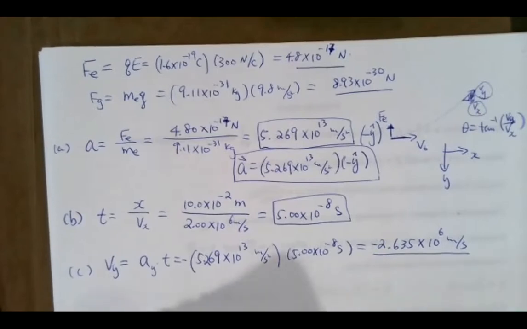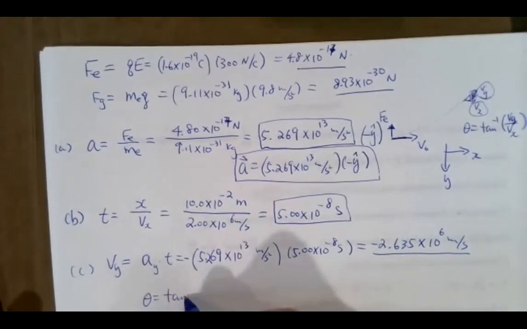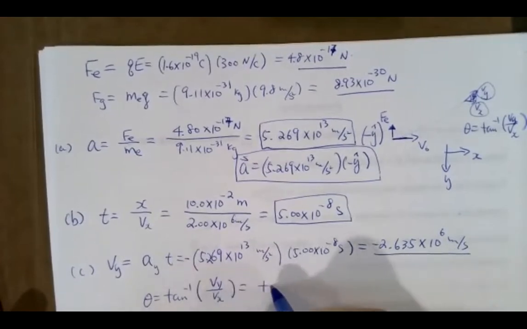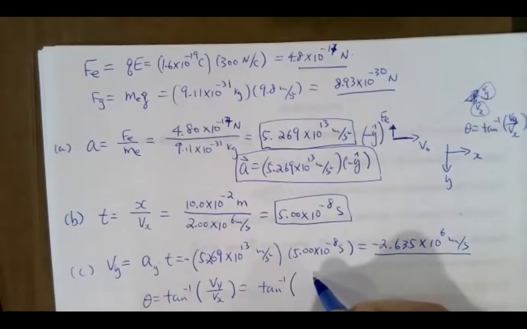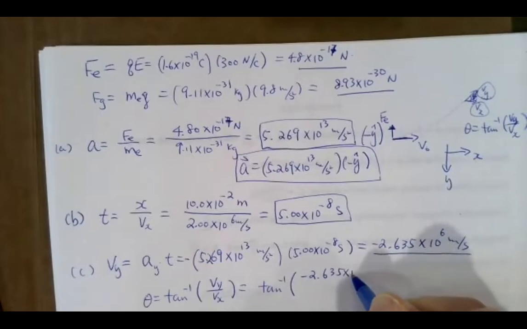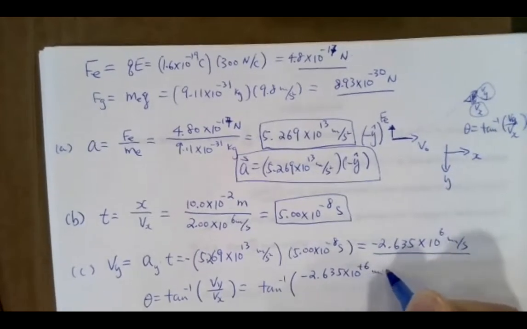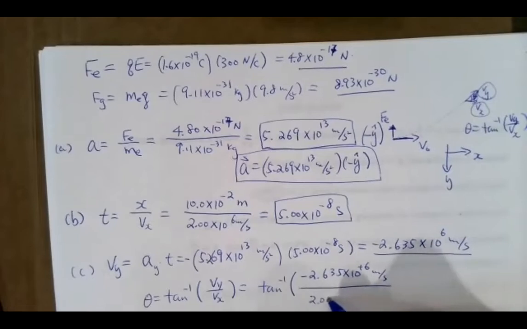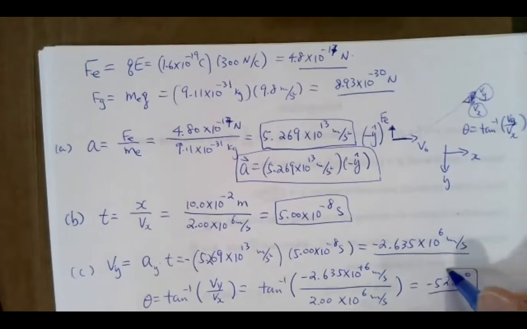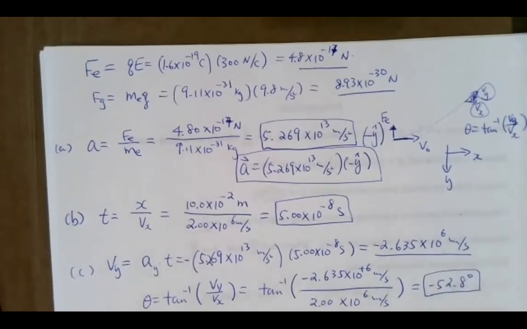And then for the angle, it would be tangent inverse of Vy over Vx, negative 2.635 times 10 to the 6 over 2.00 times 10 to the 6 meters per second, okay? It's going to be minus 52.8 degrees for the direction, right?